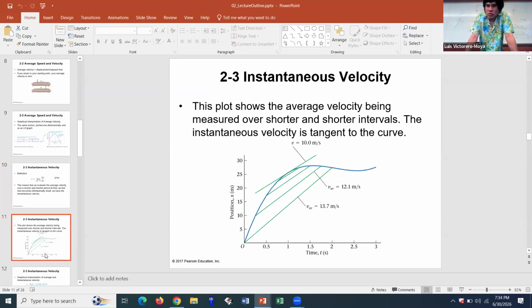For the average velocity, you can use a line like this between 0 and 2 seconds there. You can find the final position, initial position. You can find the average velocity. For the instantaneous velocity, you draw a tangent line because you want the velocity at a particular time, an exact value of time, not between a range of values of time, like between 0 and 2, or 2 and 3, or 2 and 5, okay?